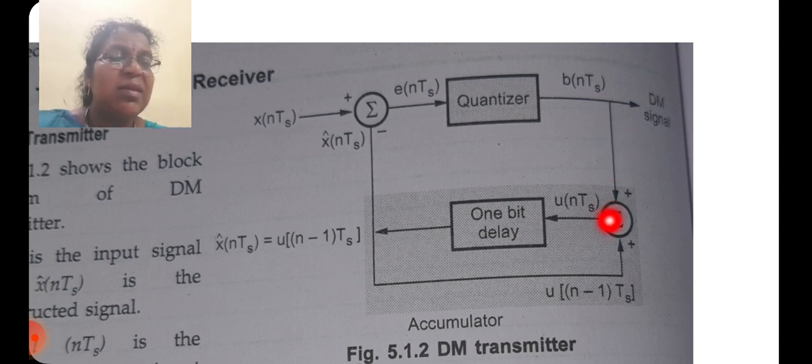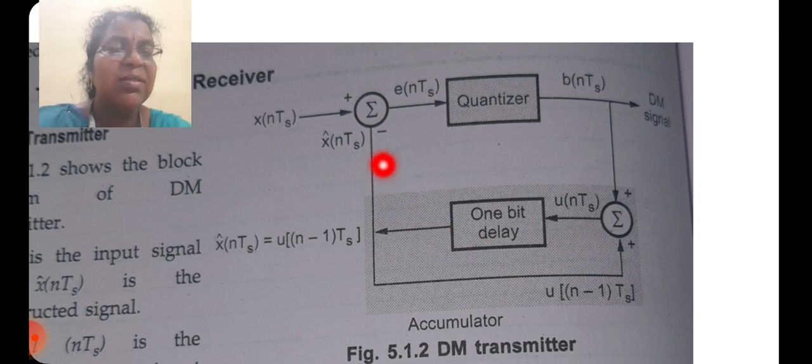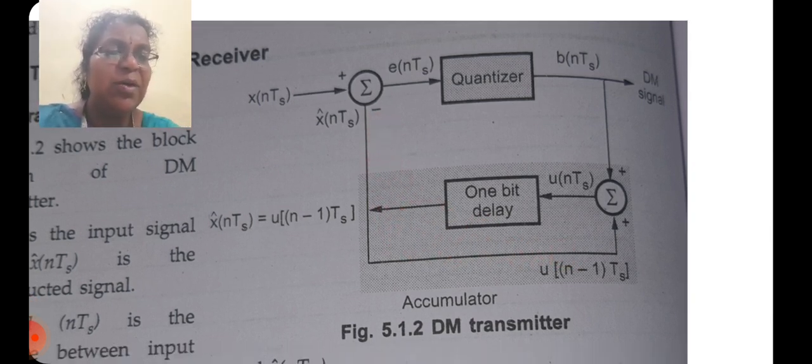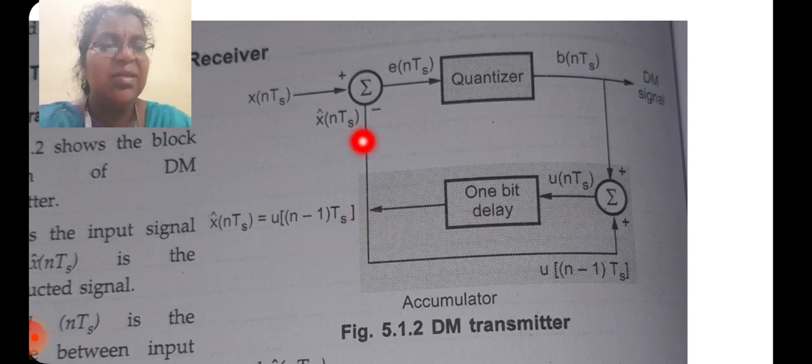This is given as the input to the summer along with the previous output of the delay element, u of (n minus 1)Ts. Both are added to give the input to the 1-bit delay element, u of nTs. After the delay, this will be u of (n minus 1)Ts, and this is applied as one input to the summer.